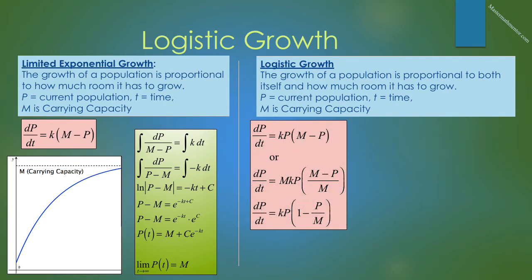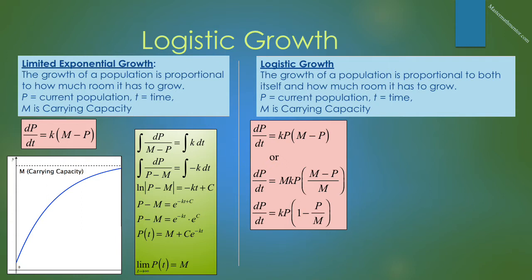Since P is the current population and M is the carrying capacity, M minus P represents the room for growth. So the differential equation signaling logistic growth is dP/dt equals kP times the quantity M minus P.